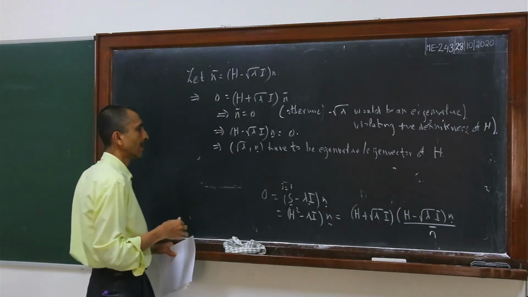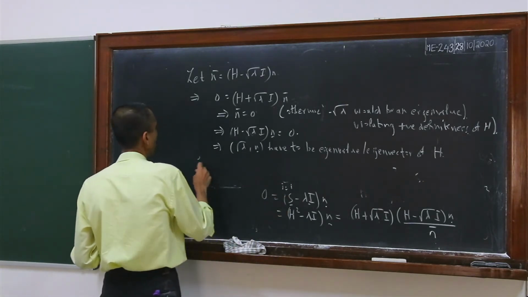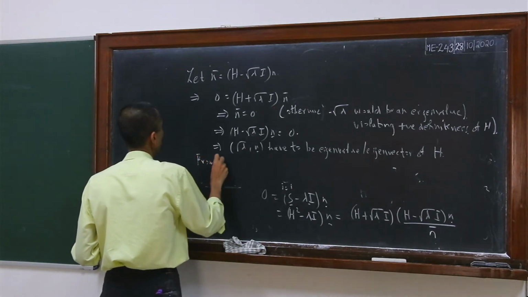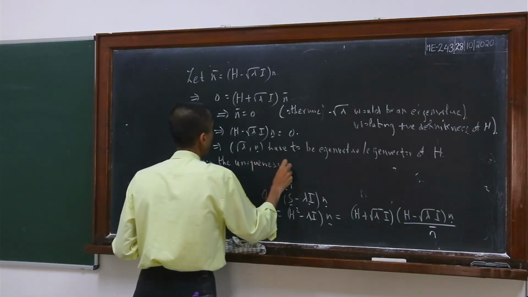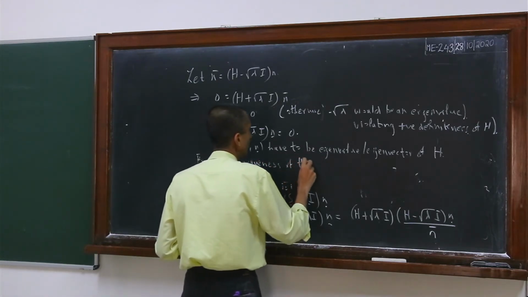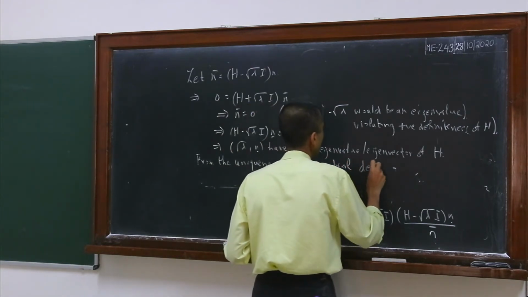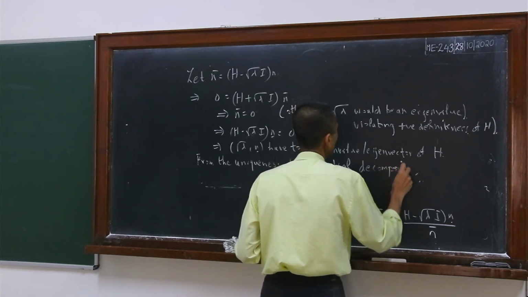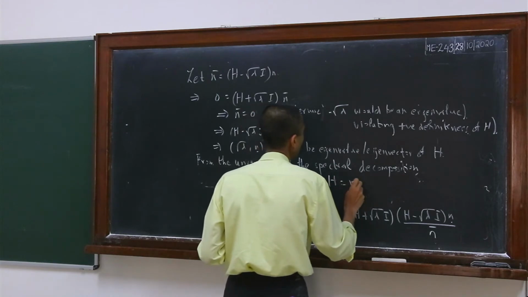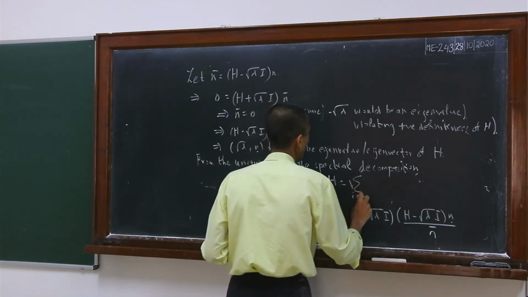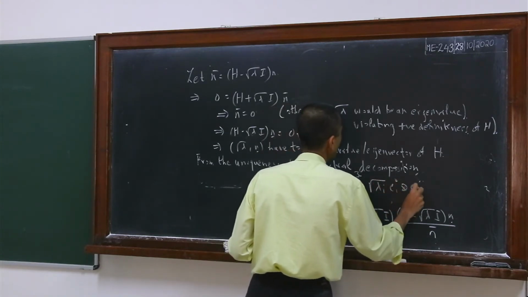And hence then, from the uniqueness of the spectral decomposition, h has to be equal to the summation i equal to 1 to 3 of root lambda i ei star dyadic ei star.